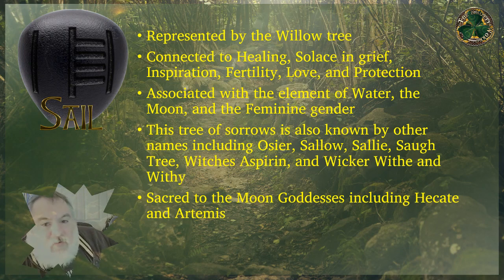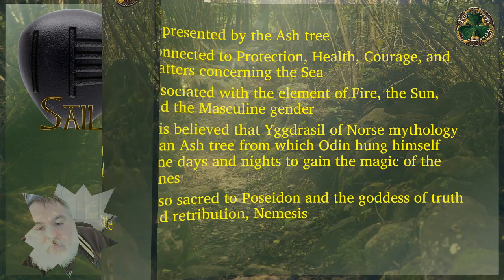And as you investigate this one, you'll see there are stories with unrequited love, that kind of stuff, or people who are missing their lover, and can generally be seen as a sorrowful story, a sorrowful connection to this particular tree, and therefore to this particular character. The letter S, obviously.